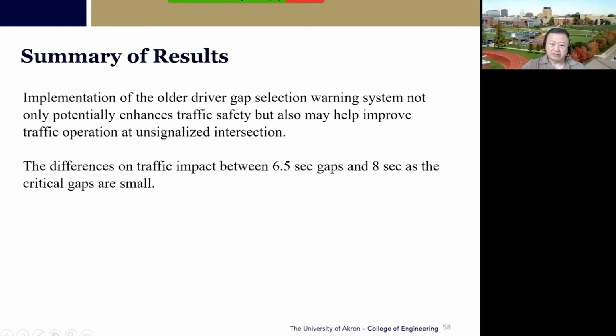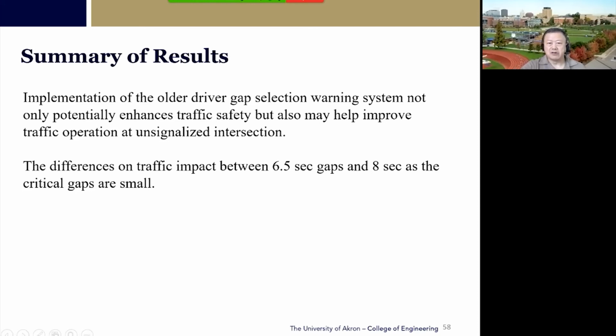And then what? Why is that? Well, we attribute the improvement on traffic operation to likely the fact that since older drivers enter the roads selecting larger gaps and avoid selecting shorter gaps, they create less interruptions and less blocking effect.